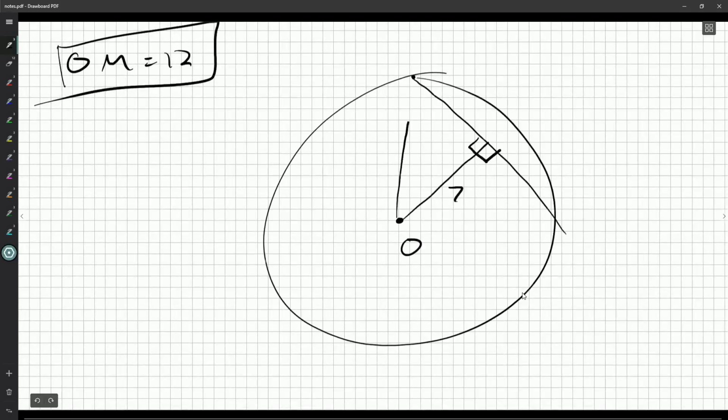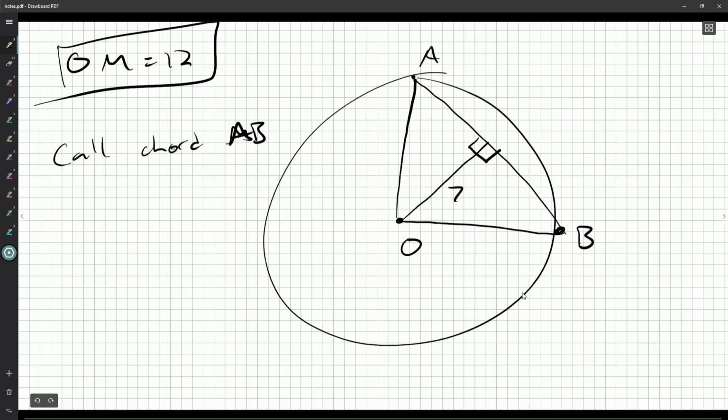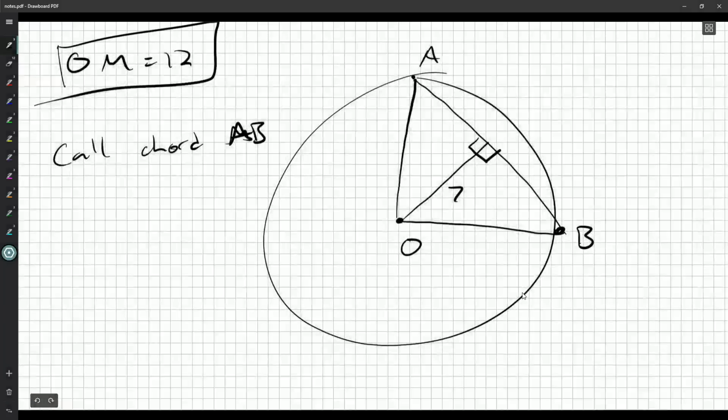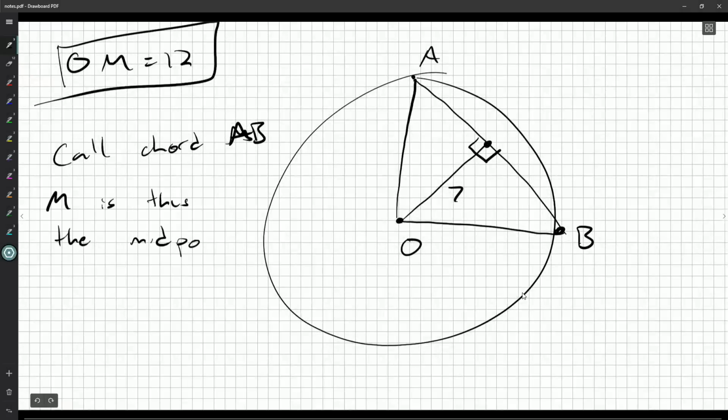So if we connect up these sides here, you might say something like, call the chord AB. Okay, and we want the length of the chord, right? What is the length of the chord? Alright, so M is thus the midpoint of AB.